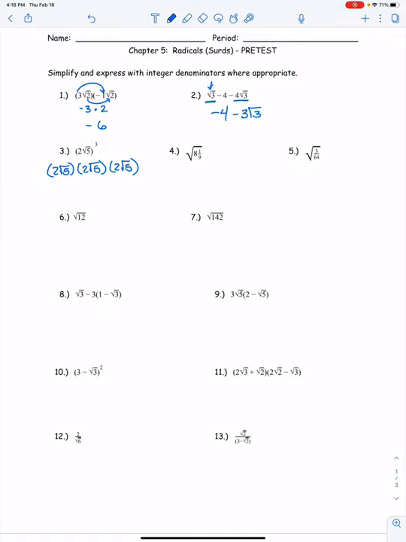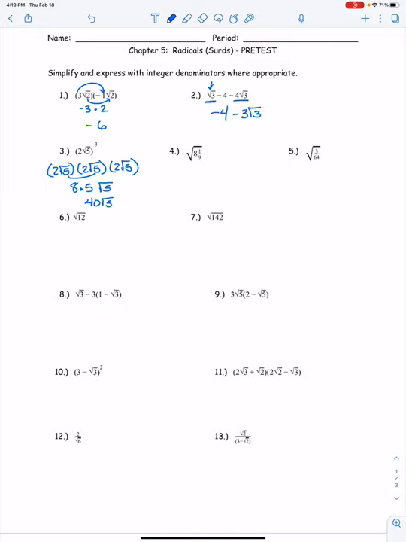We get 2 times 2 times 2 gives me 8. The square root of 5 times the square root of 5 gives me 5. And then we have 1 square root of 5 left over. 8 times 5 is 40. So we end up with 40 square root of 5.